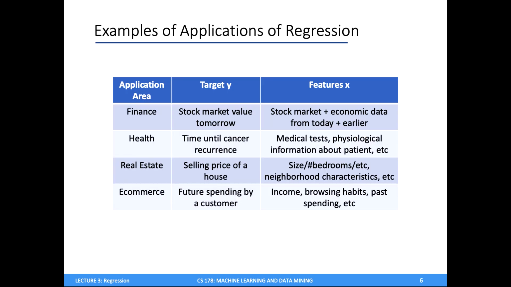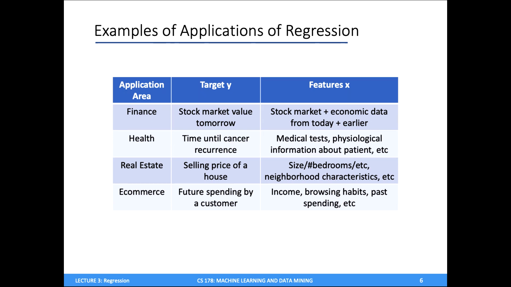In Wednesday's lecture, we saw some examples of what regression problems look like, but just a quick reminder of what you can do with regression. If you're interested in, say, finance, you might be interested in predicting the value of a particular stock tomorrow, maybe the value of Apple or whatever stock you own. Your features here could be something like stock market performance from yesterday, various economic data, data coming from the past week, the past month, the past year.